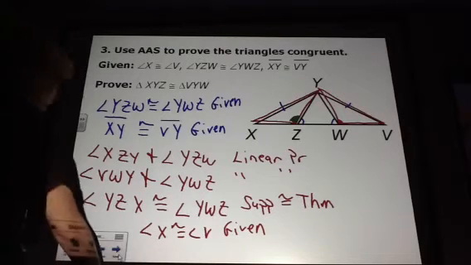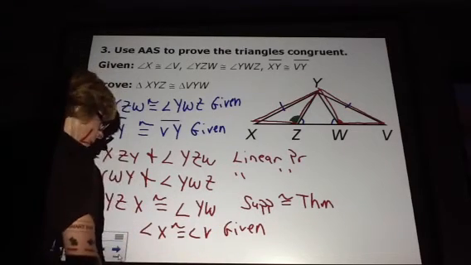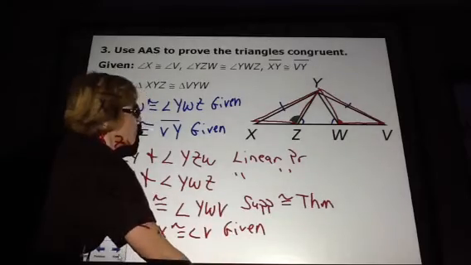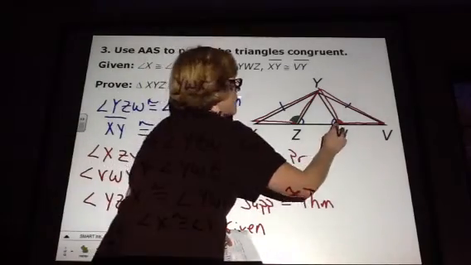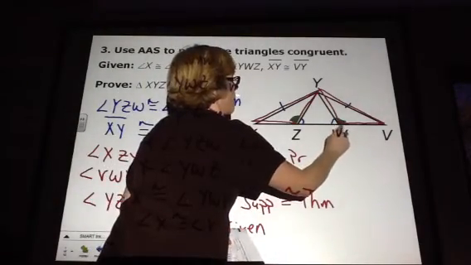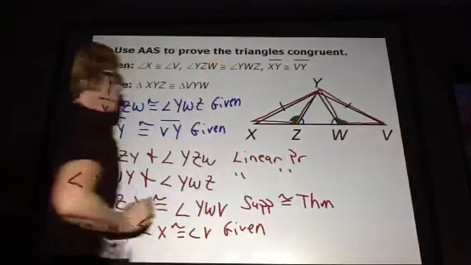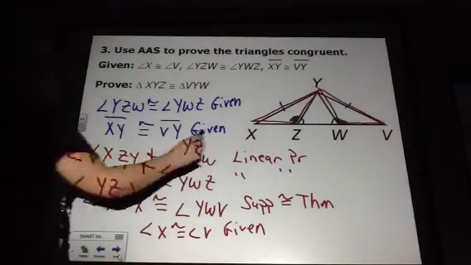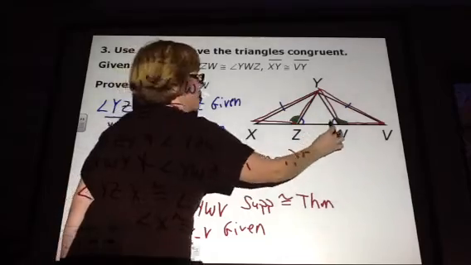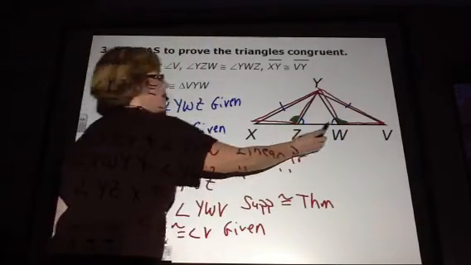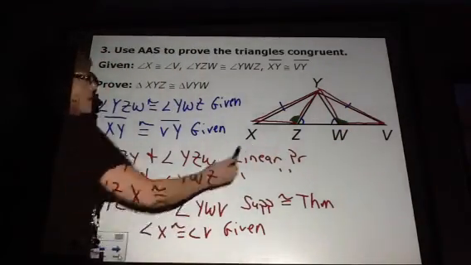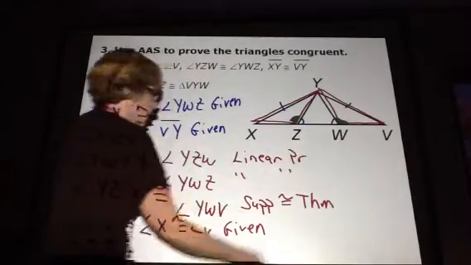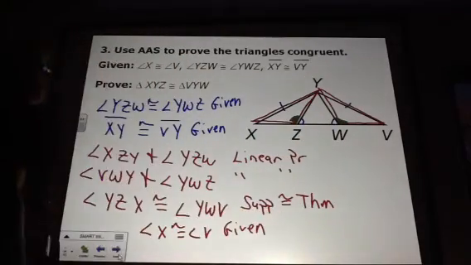It's YWV. This right here is an error. That should be a V. We're saying these angles here are congruent. Because if this is a linear pair and this is a linear pair, you can say that these two angles are congruent because of your supplementary congruence theorem.